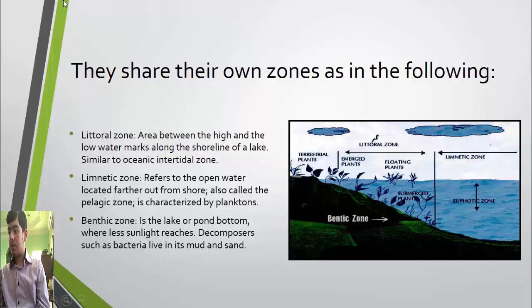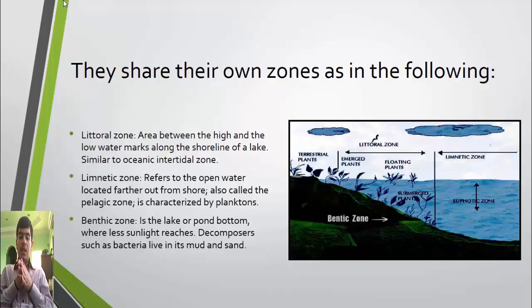So littoral zones here. Now we understand it depends on the depth of the water. Here it is said open water because of the depth first of all, and second of all, because of the distance. There are some other zones here. Actually, the depth of the water is not limited. Euphotic zone is the depth.